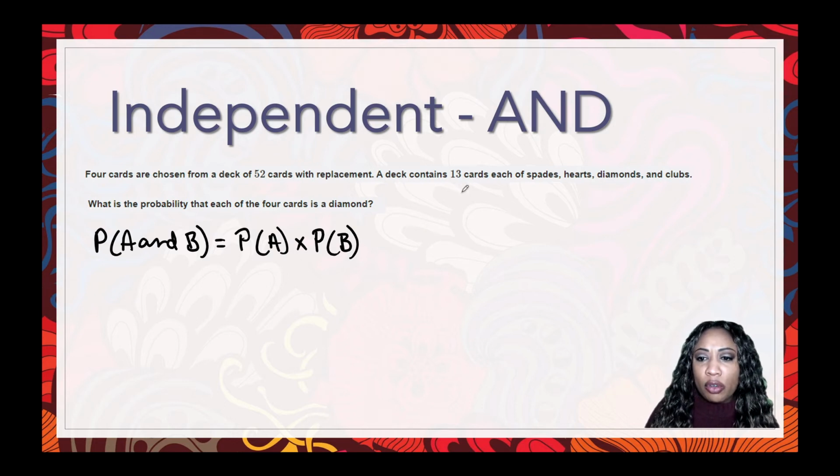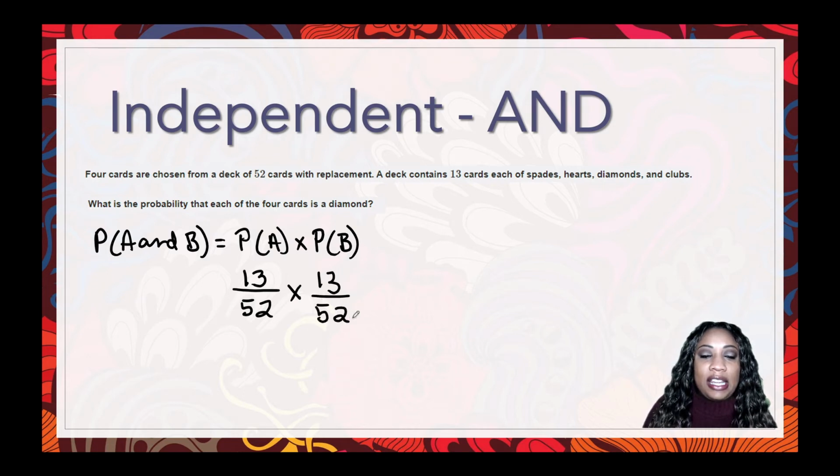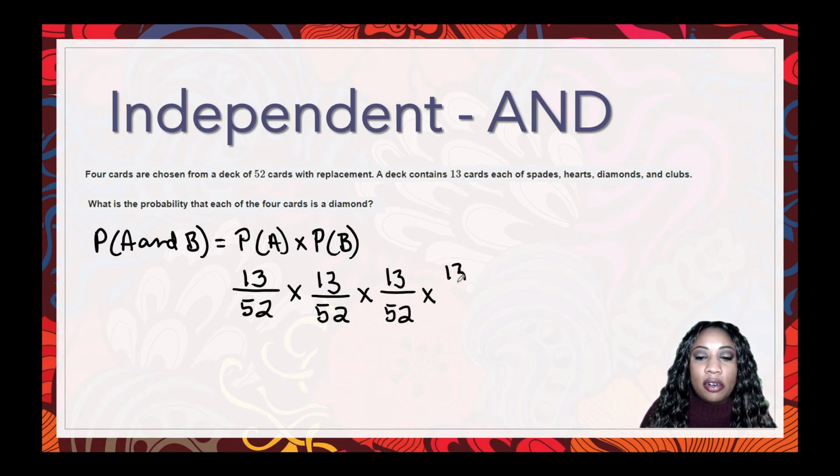So we're going to have 13 diamonds out of 52 cards. That's the probability of drawing it the first time, or the first card. And then the probability of drawing a diamond the second card is still 13 over 52. And again, this is staying 52 because we are replacing that card back. And then a diamond the third card is the same. And a diamond the fourth card is the same.